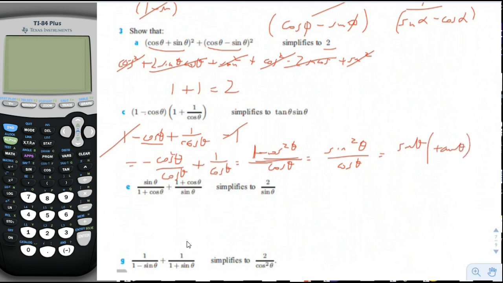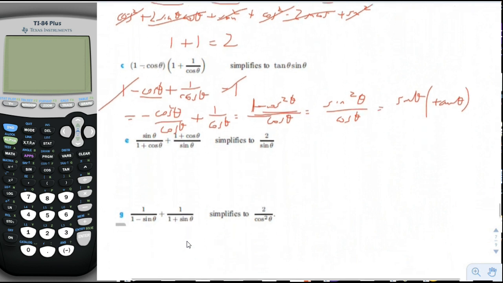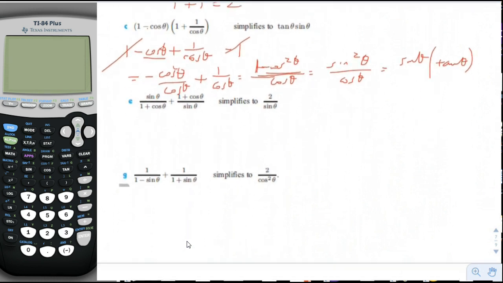Alright, sine of theta divided by 1 plus cosine plus 1 plus cosine divided by sine simplifies to 2 over sine. So, let's see. Why don't we put both over a common denominator? So, the first one we multiply times sine, and this one we multiply by 1 plus cosine.